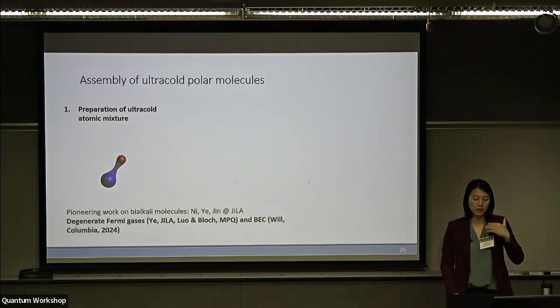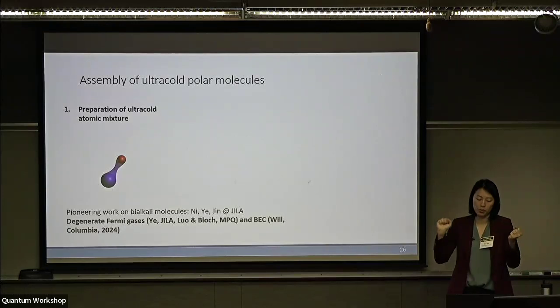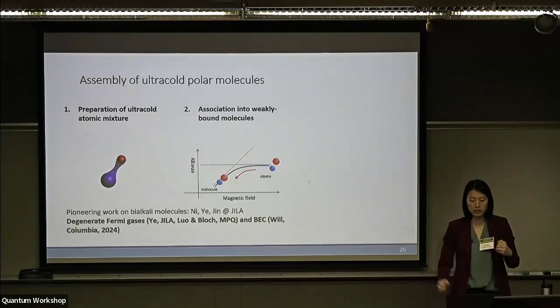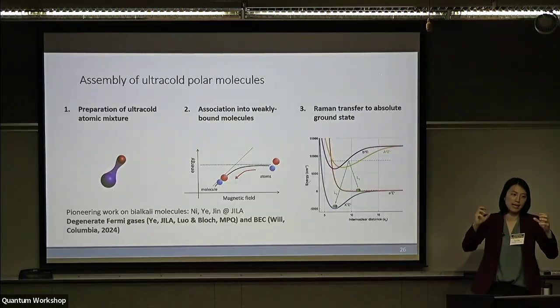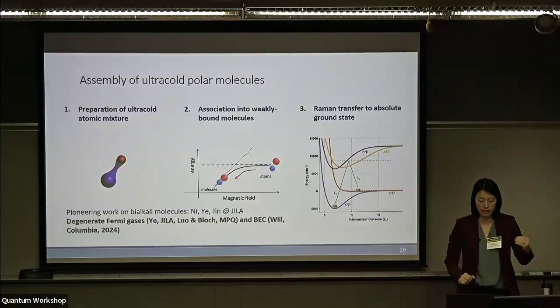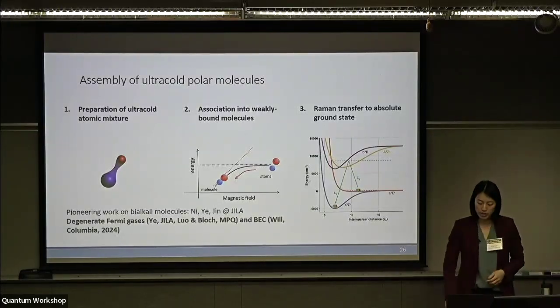The way to create temperatures where molecules can actually reach quantum degeneracy has been to sidestep the difficulty of laser cooling molecules, to actually prepare already ultracold atomic mixtures, so far mixtures of alkali metals, associate them into weakly bound molecules, and use a two-photon optical transition to bring that excited state molecule into its absolute ground state in a totally coherent fashion where we retain the cold motional temperature of the initial sample. And the pioneering work on this was done by the JILA team of Debbie Jin and Jun Ye.